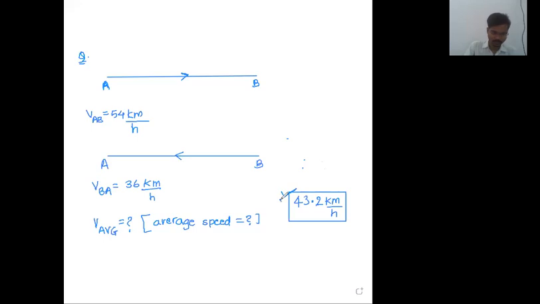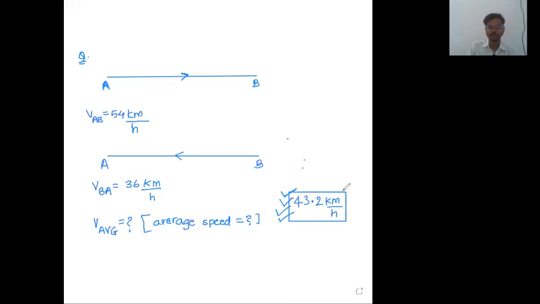Sohini has given the same answer. Ira, same answer. Tanvi has also given the same answer.